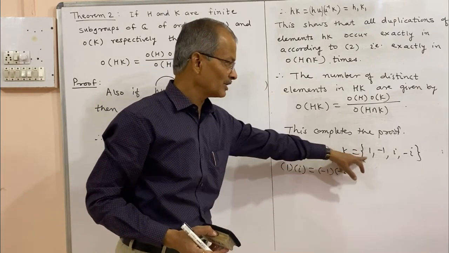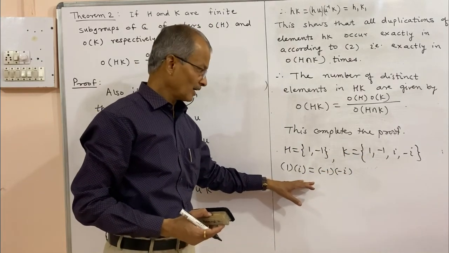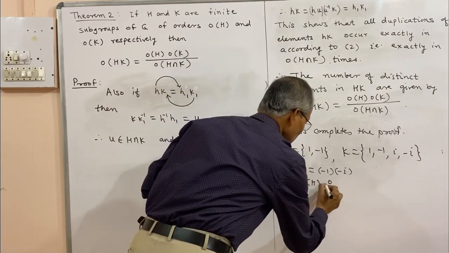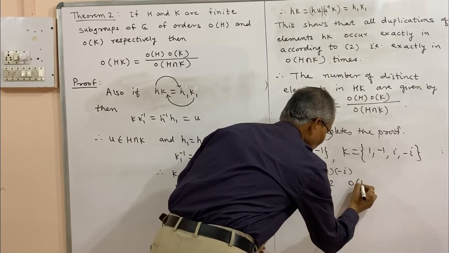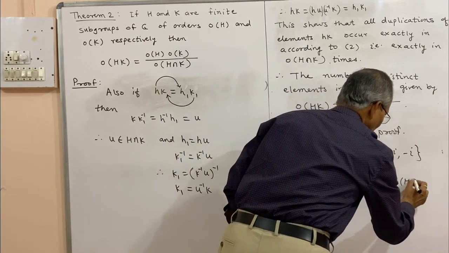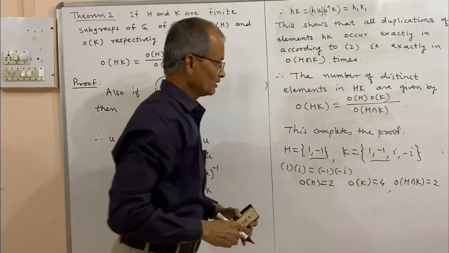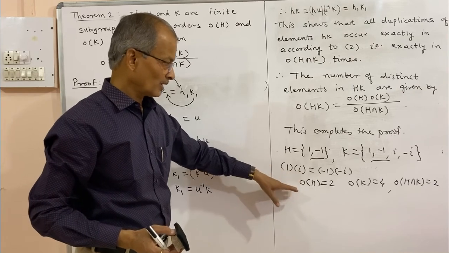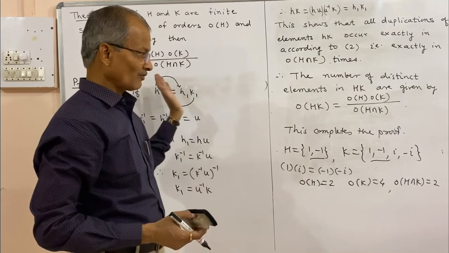So these elements are repeated, and therefore we have divided in the example earlier considered as order of H is 2, order of K is also 4, and order of H intersection K here is 2. These are the elements in the intersection, and thus we get order of HK, which was 4, as 2 into 4 divided by 2, and the theorem we have verified.